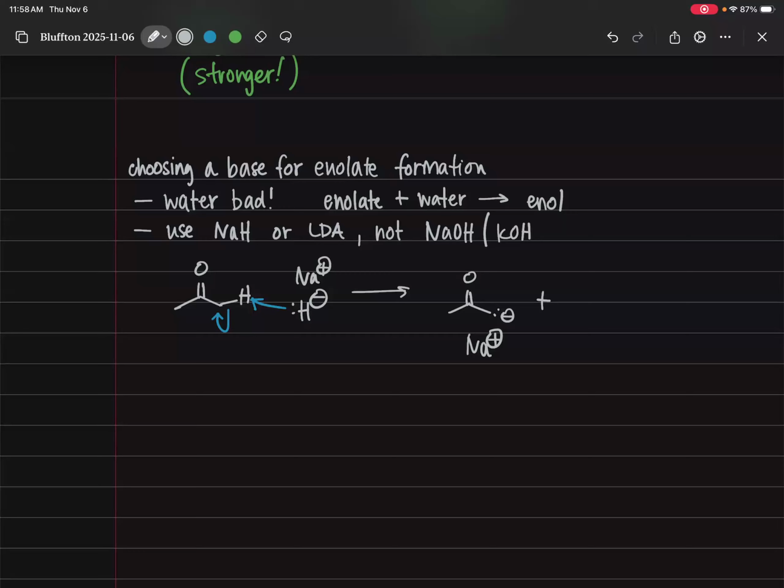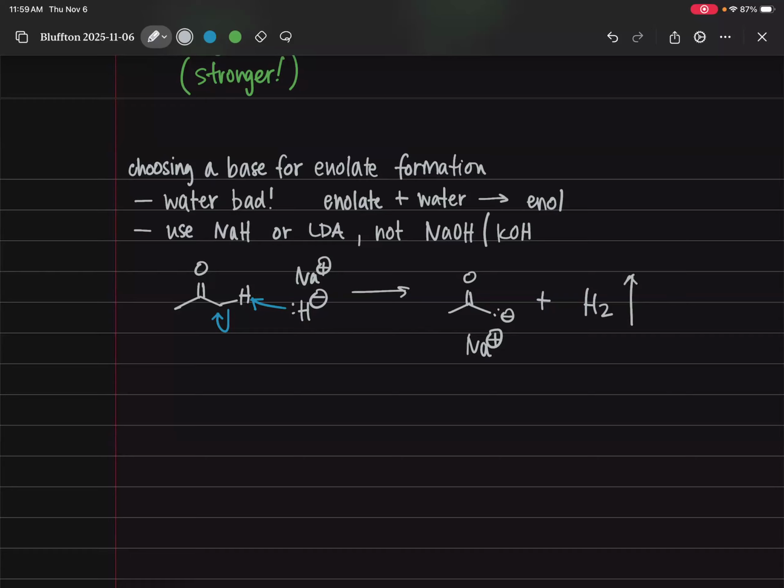Instead, the sodium is going to go with the enolate, but this hydrogen has moved its electrons to form a bond with that hydrogen, and that bond is broken. So what's that molecule? H2. What do we know about H2? What are its physical properties? Solid, liquid, gas? Gas.